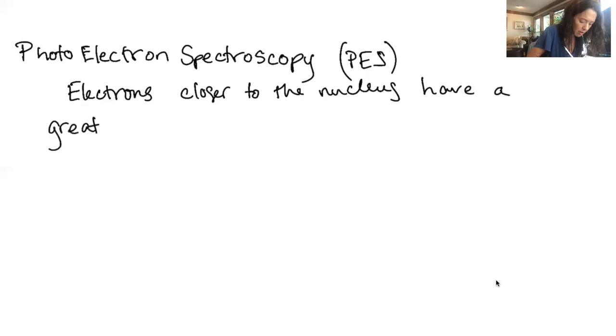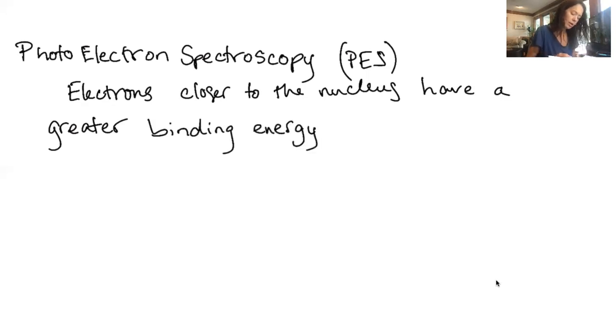Right? What is binding energy? Well, what do you do when you bind things? You put them together. So maybe it is the energy released when the electron gets put there, or the energy that would have to be put into the electron in order to remove it.